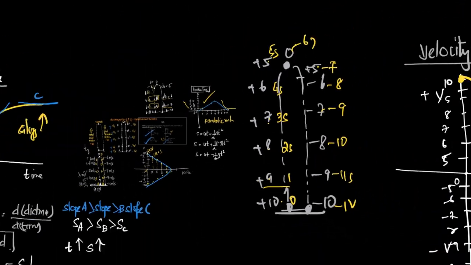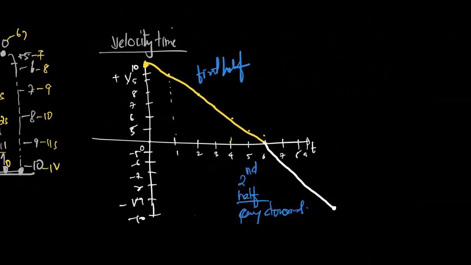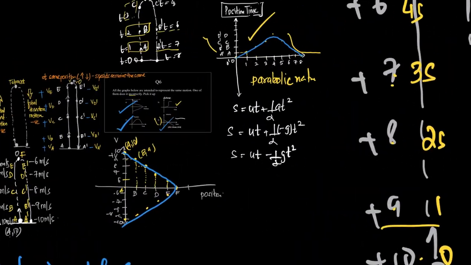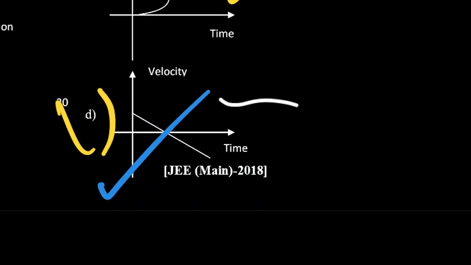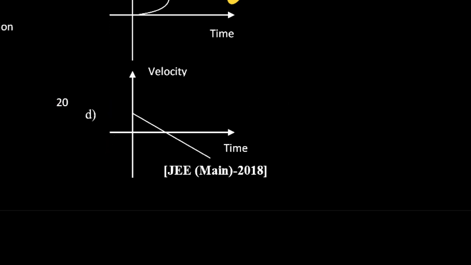Now, trying to understand this in a mathematical way. If you try to understand this graph in a mathematical way, and if you are being asked to find out whether it is right or wrong, how will you do that? See, during the first half, this line represents a negative slope, right?